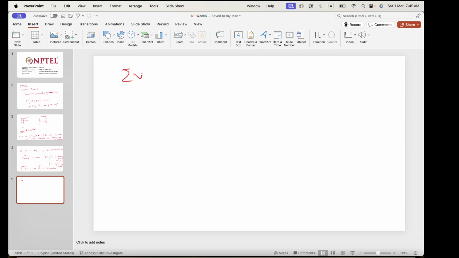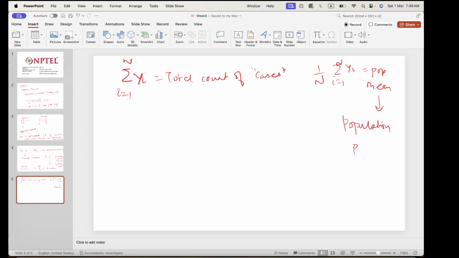So summation yi, i equal to 1 to n, would give me the total count of some cases, which are denoted by yi equal to 1. And if we take the population mean, this population mean is actually nothing but the population proportion.